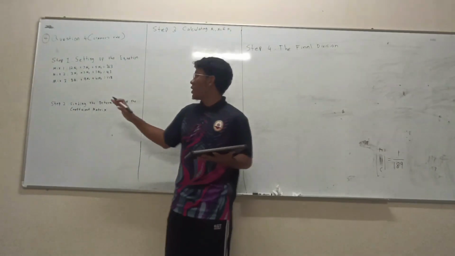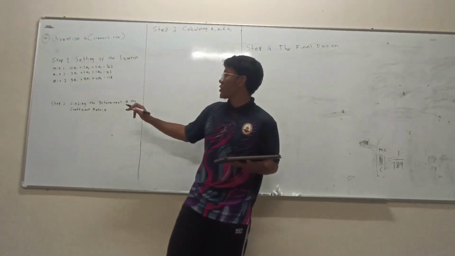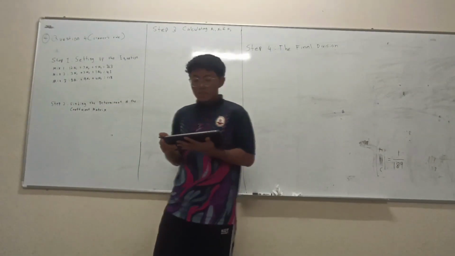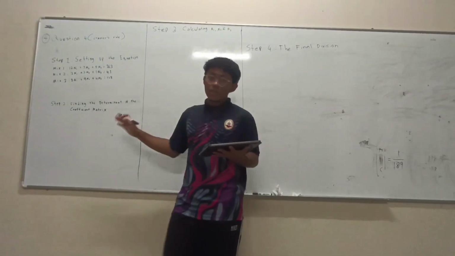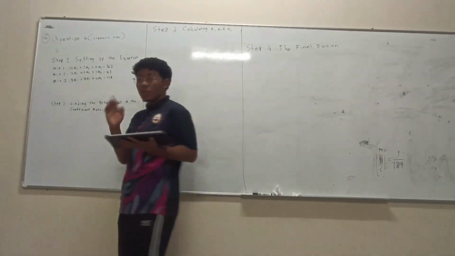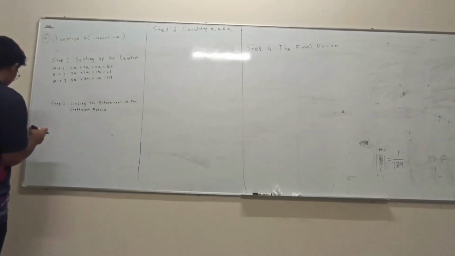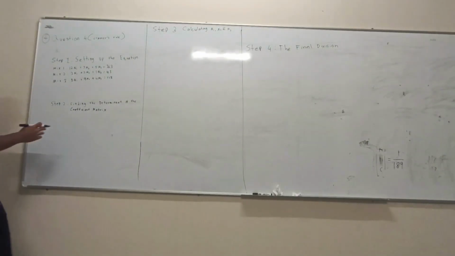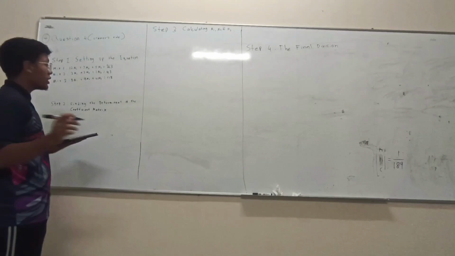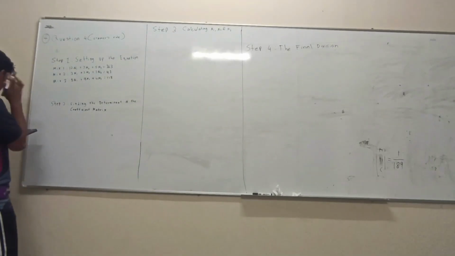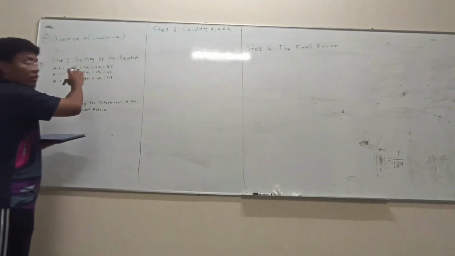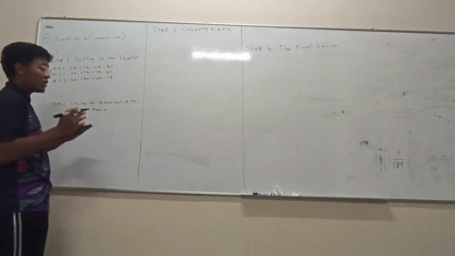Next, step 2: finding the determinant of the coefficient matrix. So how do we do this? I will explain one by one. First, we need to put all of this in one column like this.